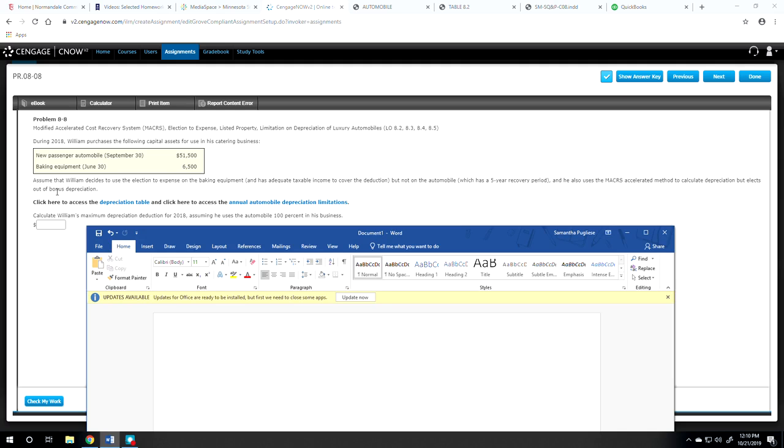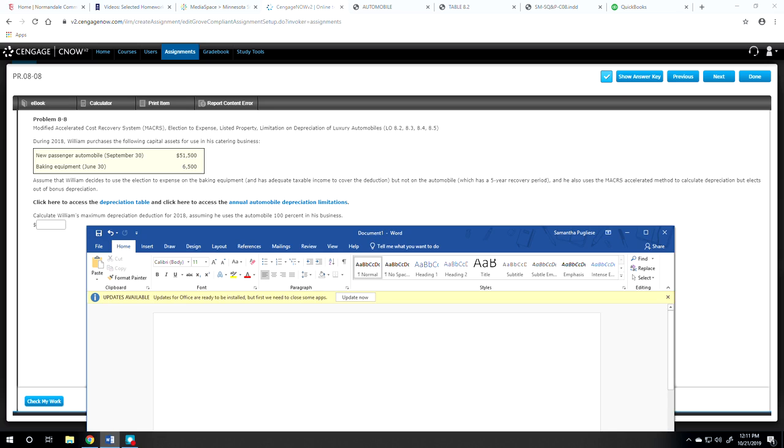And they tell us that William decides to use the election to expense on the baking equipment, but not on the automobile. They tell us that the automobile is 5-year property, which is nice, so we don't have to look that up. He also uses the MACRS accelerated method to calculate depreciation, but elects out of bonus depreciation.